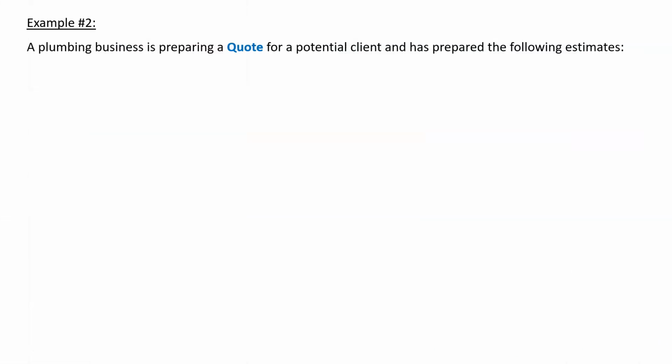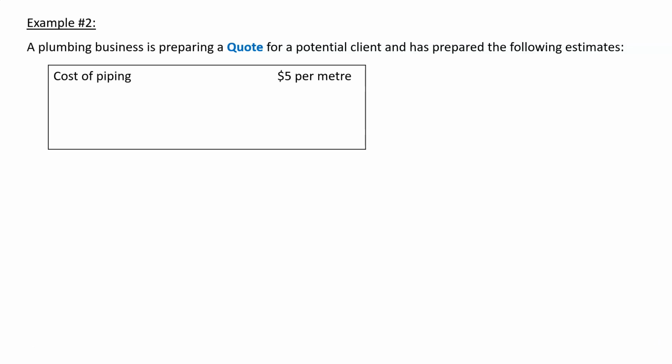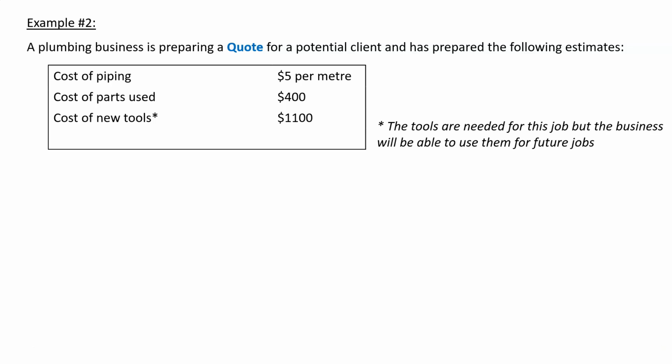Let's look at another example. A plumbing business is preparing a quote for a potential client and has given the following estimates. The cost of piping is $5 per meter. The cost of the parts used will be $400. We're going to buy some new tools to do the job, which is $1,100, but we've got a difference here. It says the tools are needed for this job, but the business will be able to use them for future jobs.